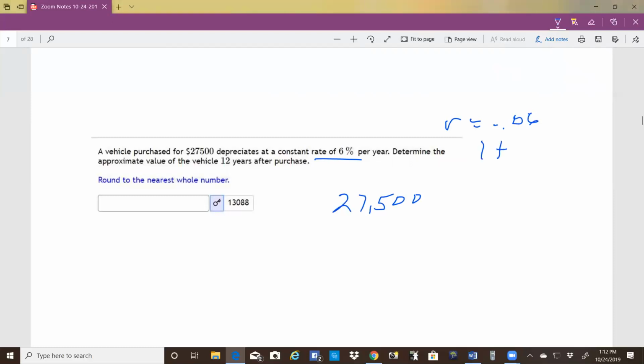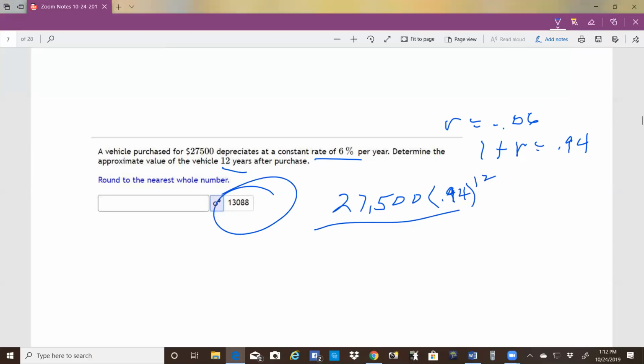So 1 plus r is equal to 0.94. So the equation would be 0.94, and for 12 years, you do this on your calculator and you get $13,088 is how much it's worth after it depreciates for 12 years. Okay.